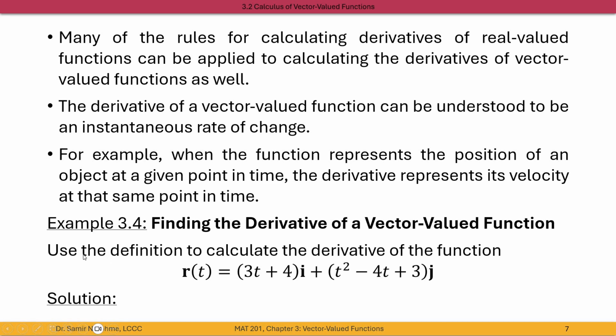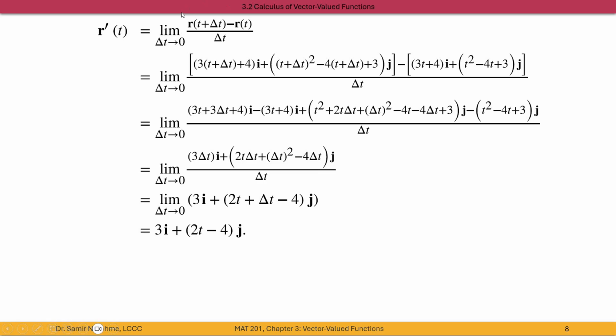In example 3.4, we will use the definition we introduced to calculate the derivative of the function. We have a vector function with x and y components, which means this is a two-dimensional vector function. So let's apply our definition.